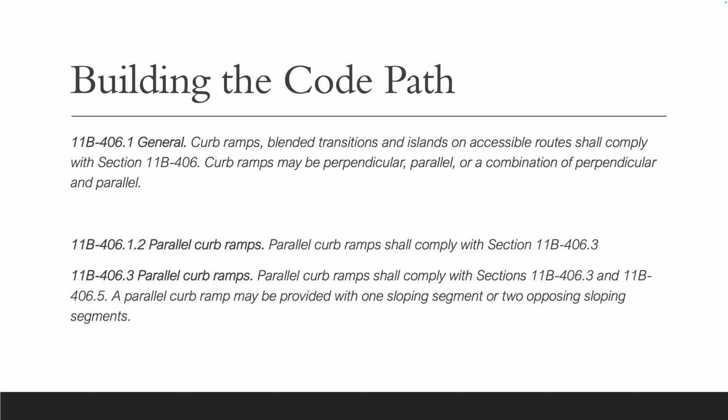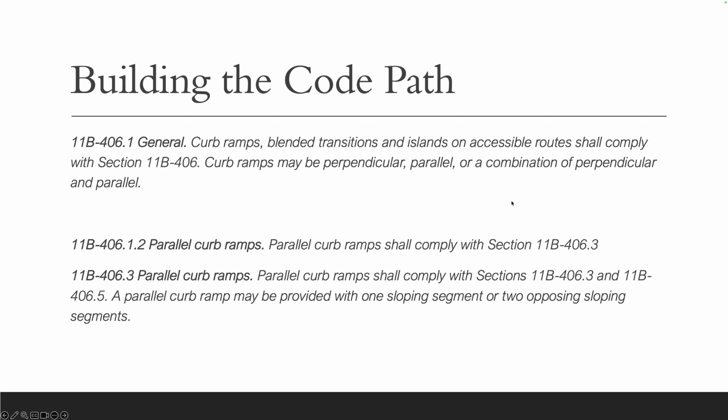So let's read 11B 406.1 General, which says curb ramps, blended transitions, and islands on accessible routes shall comply with 11B 406. Curb ramps may be perpendicular, parallel, or a combination of perpendicular and parallel. 406.1.2, parallel curb ramps, says go to 406.3. 406.3, parallel curb ramps, says parallel curb ramps have to comply with 406.3 and 406.5. 406.5 talks about common requirements for curb ramps.